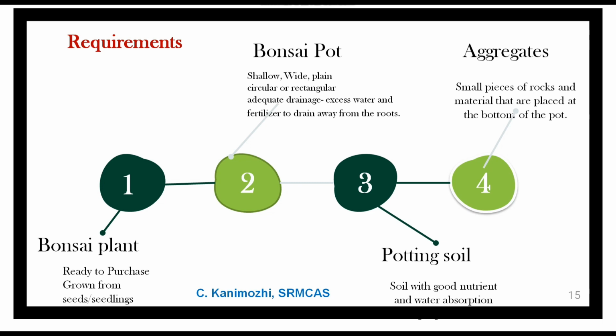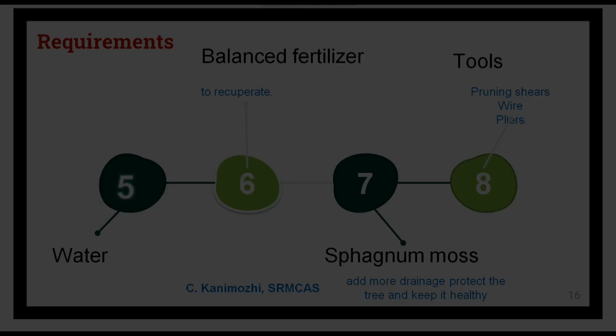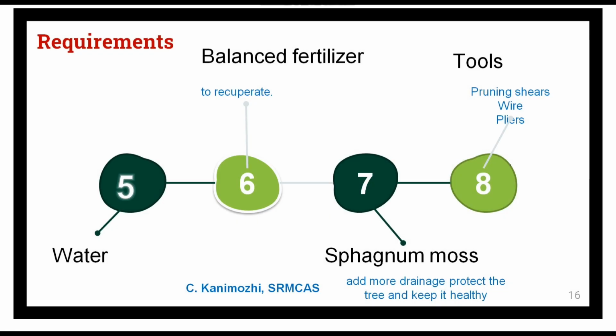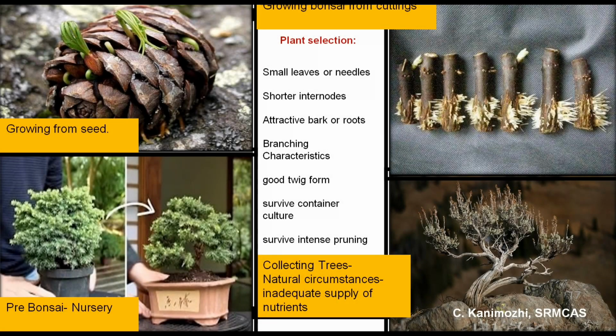It might be circular or rectangular, and there should be adequate drainage facilities to remove excess water. The third is good media. Then the aggregates, which are special things that highlight the bonsai, and water requirements, a balanced fertilizer, sphagnum mosses, and the tools. So these are some of the requirements for a good bonsai.